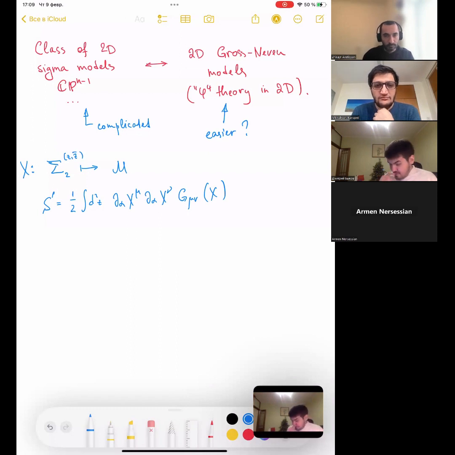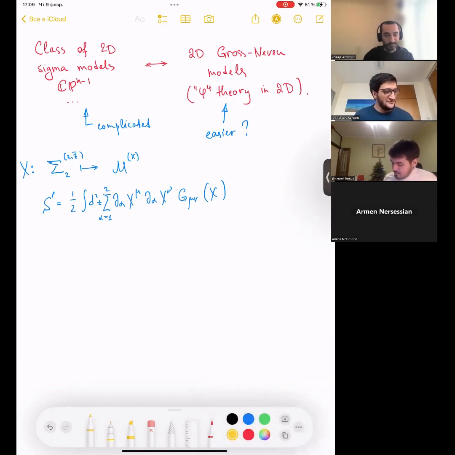And then we have some maps to a target space M with coordinates X. Either coordinates are called X or the maps are called X. And on the space of such maps, there is this action. Alpha goes from 1 to 2. So these are the 2-dimensional coordinates on the world sheet. This is called the world sheet. This is called the target space.